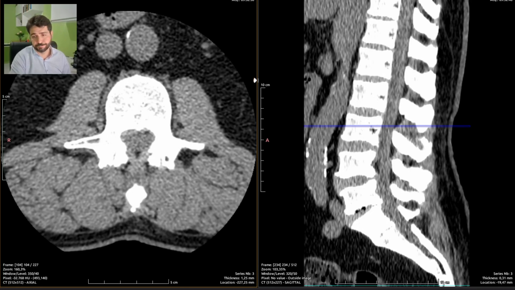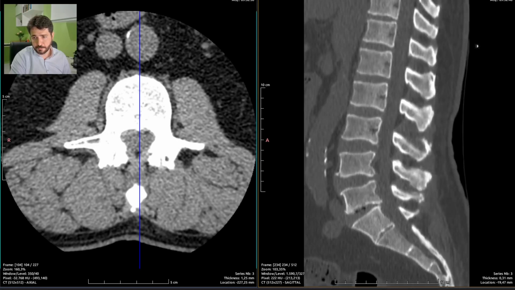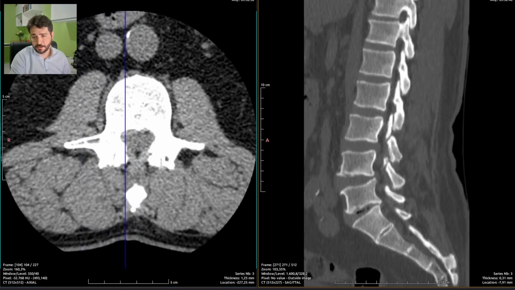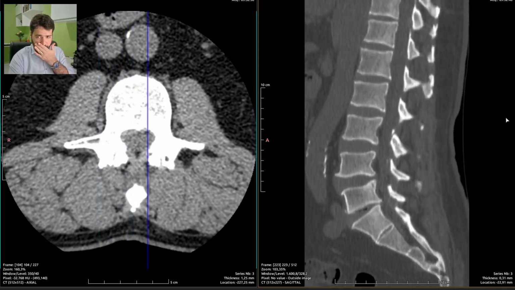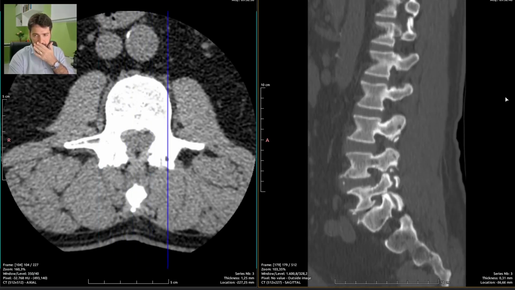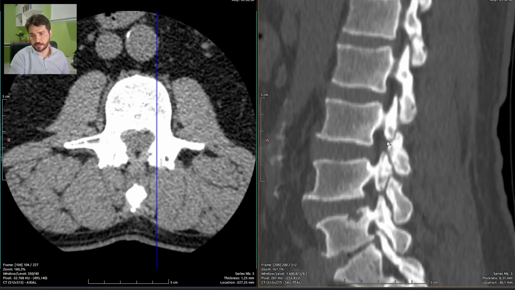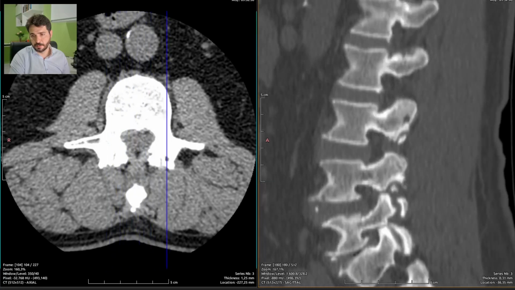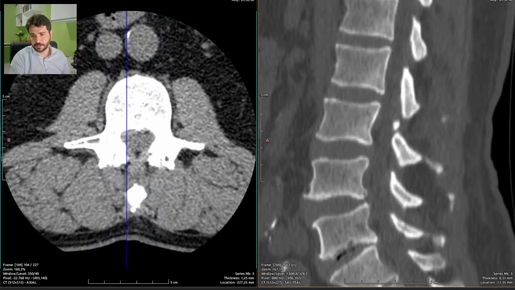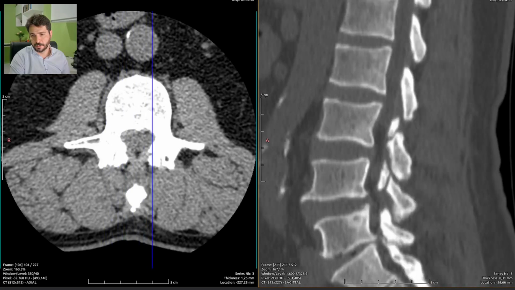So let's go through. First of all, on the lumbar spine, we can look for fractures using a bone window. As you guys see here, I have a chronic fracture with pseudoarthrosis of the isthmus, of the articular process of both L3 and L4 on both sides.